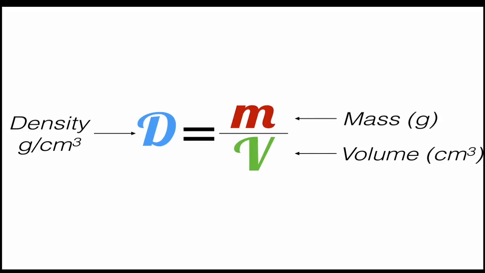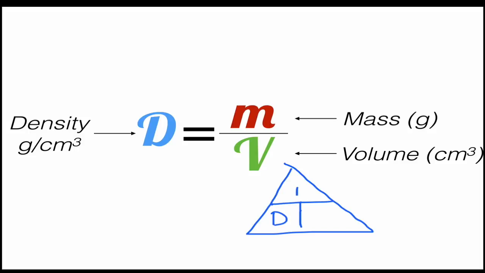Those are interchangeable. Now, one thing that I love to show with a three-variable formula like this is something called a density triangle. The way the density triangle works is you put density here, that's D, M up here, and V down here. And what that gives you is the ability to always calculate the missing variable.